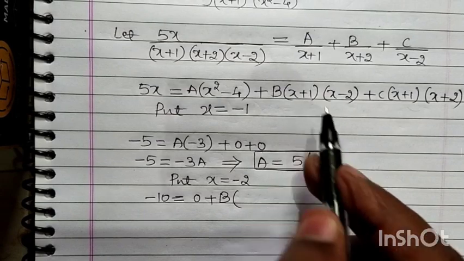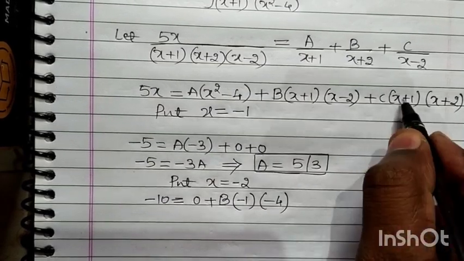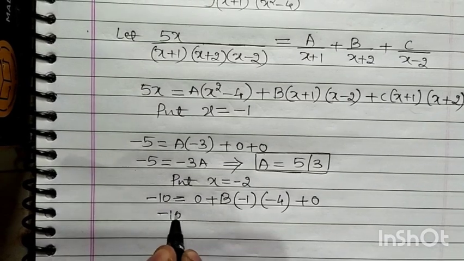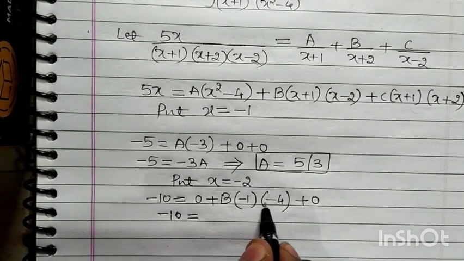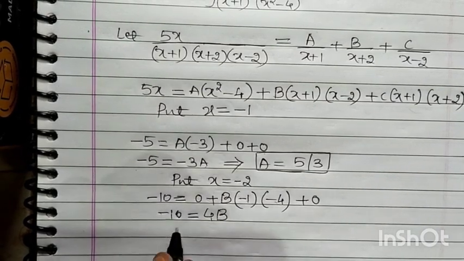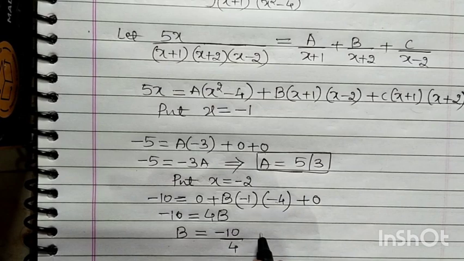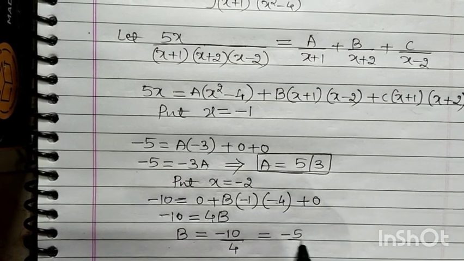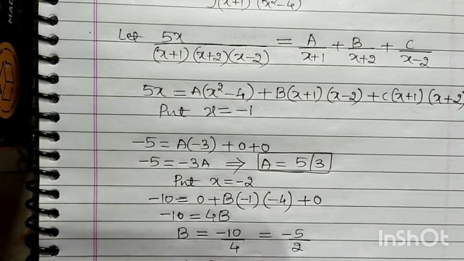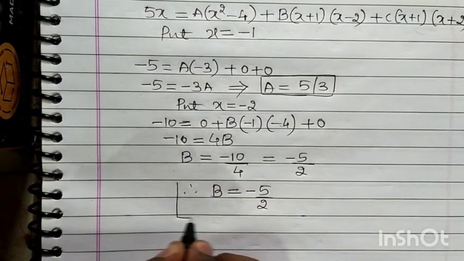Then minus 2 plus 1 will be minus 1, then minus 2 minus 2 will be minus 4, and this will be 0 plus 0. So now minus 10 is equal to minus 1 into minus 4, which is plus 4, 4 into B is 4B. So now B is equal to minus 10 divided by 4, so it is minus 5 divided by 2. Therefore the value of B is minus 5 by 2.